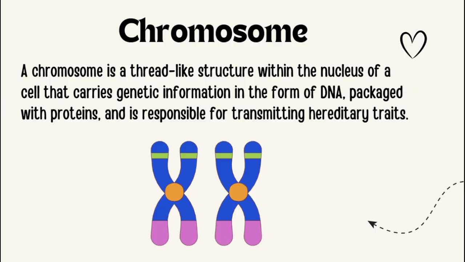But just to get an idea of what your structure is like, it's a thread-like structure, right? So basically this representation is when they are condensed. When they are decondensed or uncondensed, it makes them a lot harder for us to see. So when they're condensed, they resemble this, but in all reality, they are made up of thread-like structures, right?